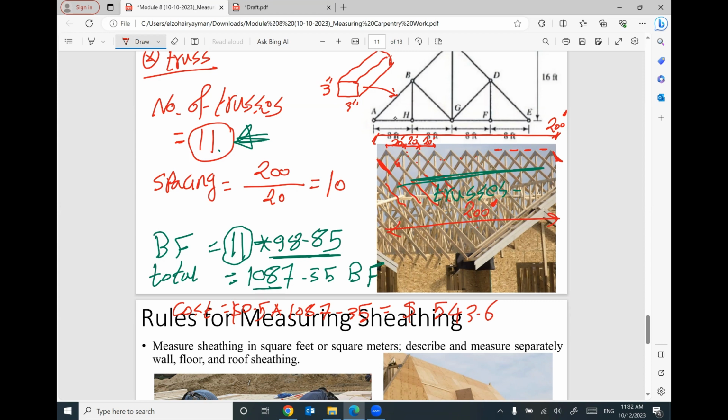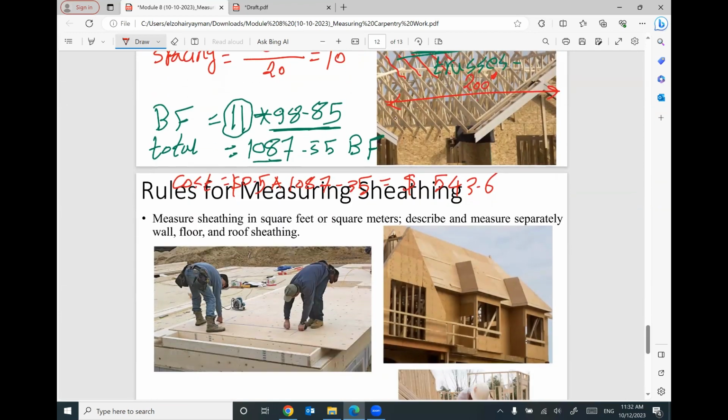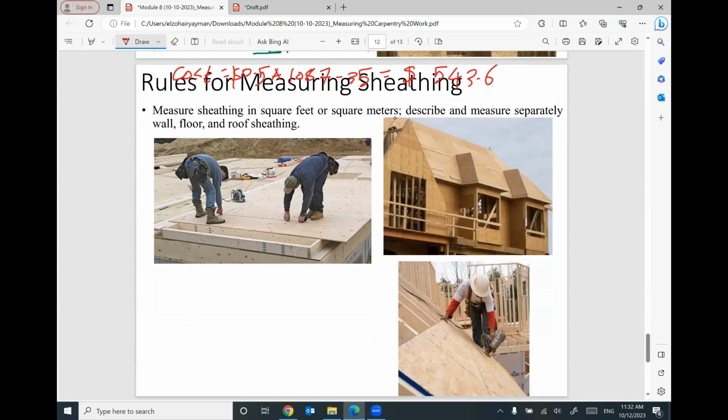That is just the material, only the wood material for the trusses. I did not talk about the connection, the worker, the bolts, or anything else, just the material to construct the whole trusses. Do you have any questions so far? Guys, do you have any question? No, sir.